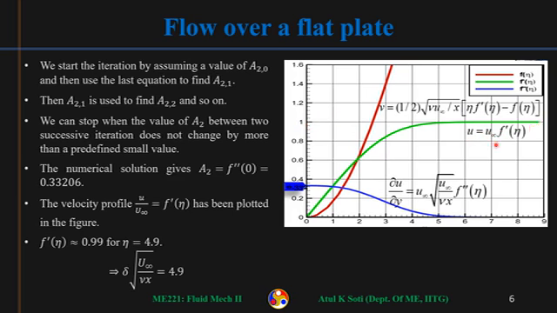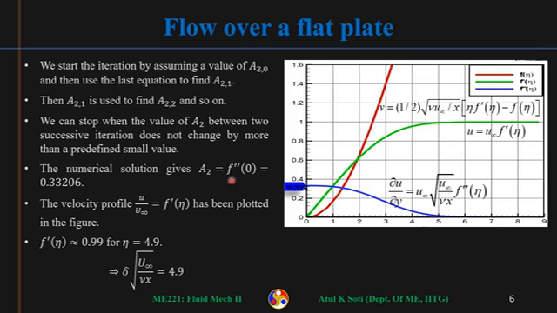We had defined the boundary layer thickness where u by u infinity is 0.99, where u becomes very close to u infinity. You will see that at eta close to 5, u by u infinity is approaching 1.